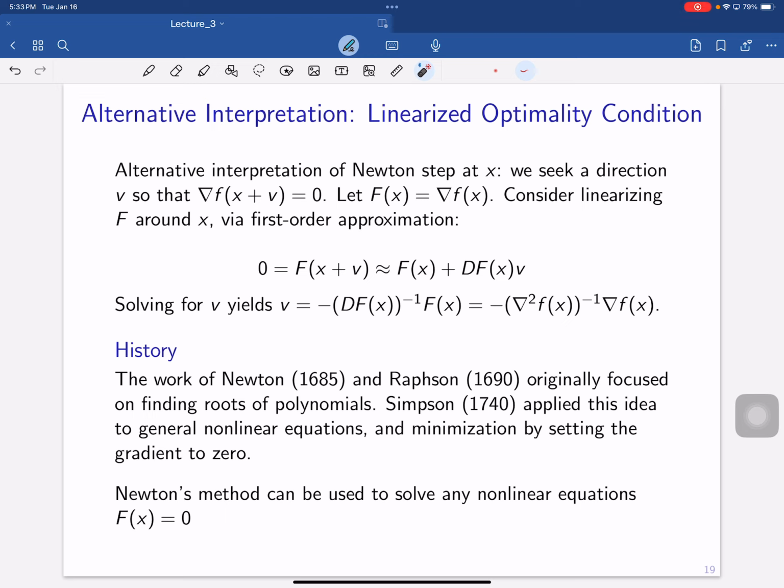So let's denote this function capital F(x) equal to the gradient of f(x). So the optimization is equivalent to root finding in this case, because of the optimality condition: you are minimizing f(x), but it's equivalent to finding the roots of this function, the gradient of f(x) equals 0.